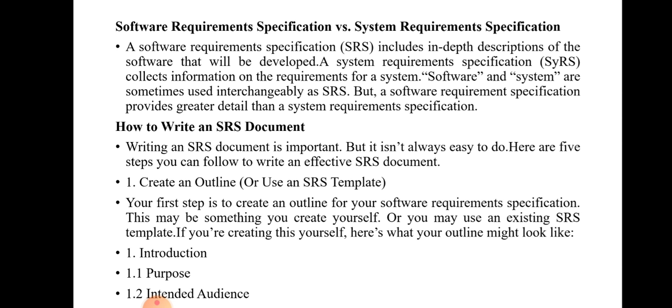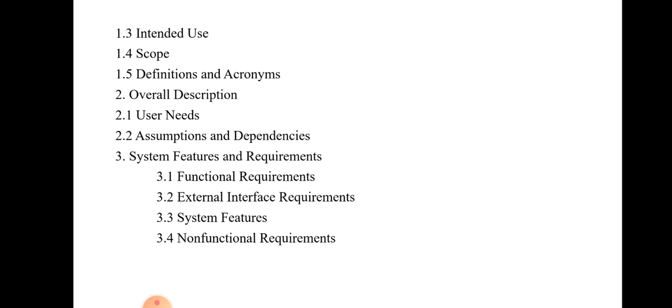In the second step, we include the introduction part. In that introduction, we specify the purpose of the product and the intended audience who are involved in the product. After that, what is the use of the product or service to be used by the user?